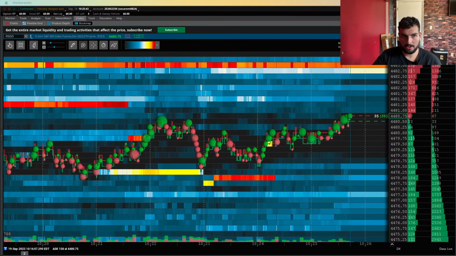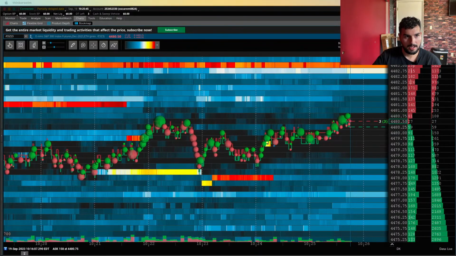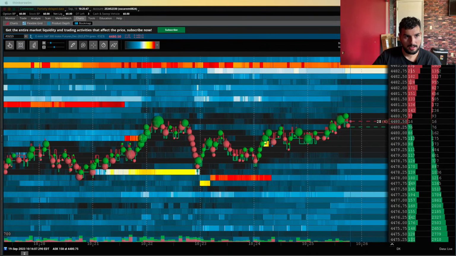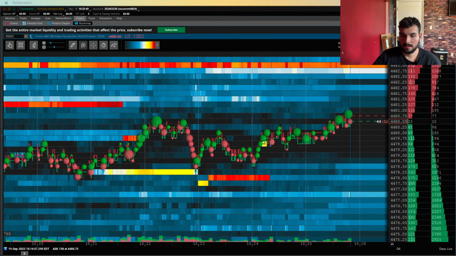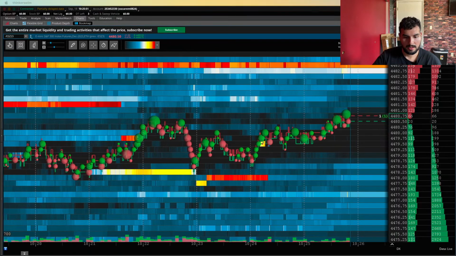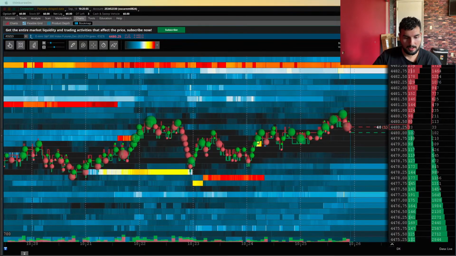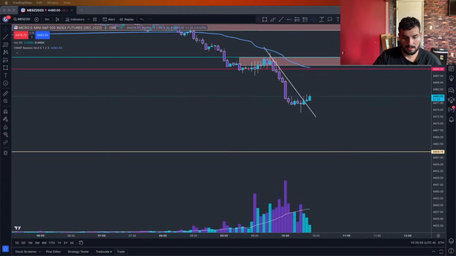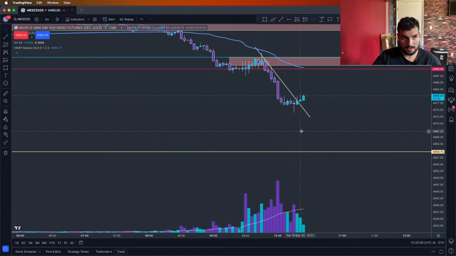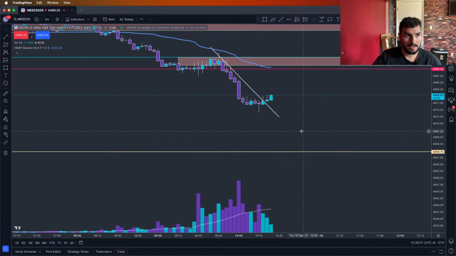We'll get some clear structure. Let me go ahead. I'm not even on the chart. So I'm starting to see what's called tapering.